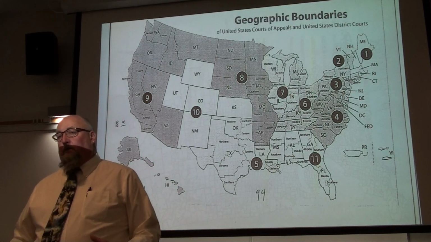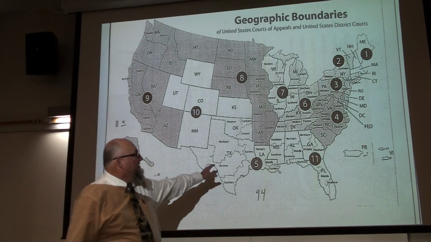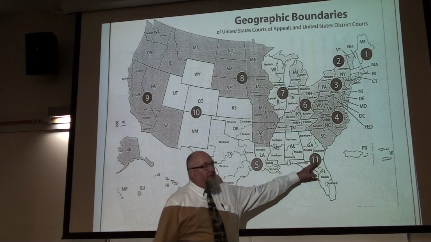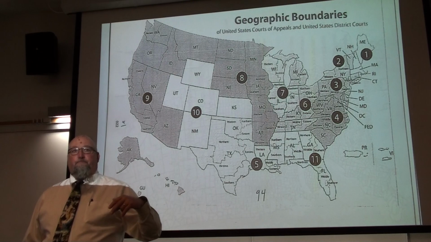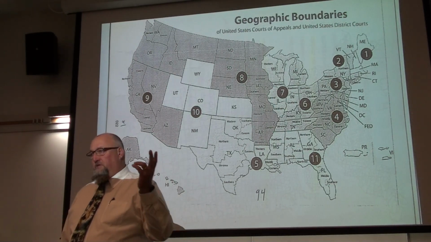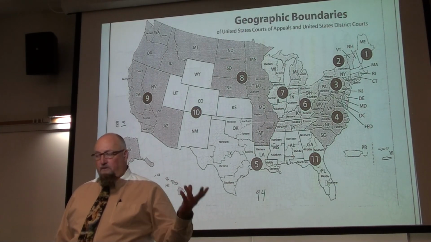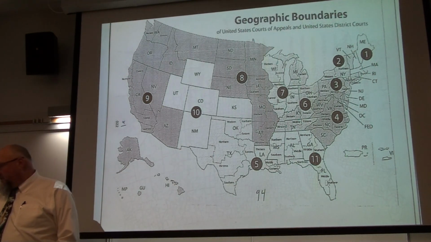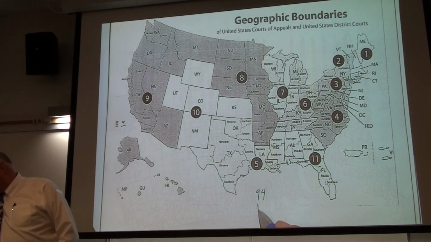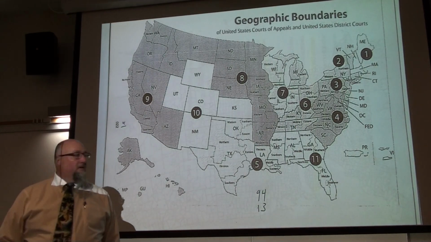There are 11 dots on here. In addition, there are 2 additional federal circuits in Washington, D.C.: the D.C. Circuit, and the Federal Circuit Court of Appeals. So there are actually 13 federal courts of appeal.